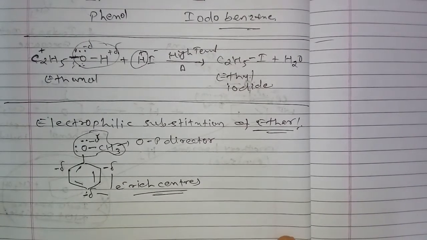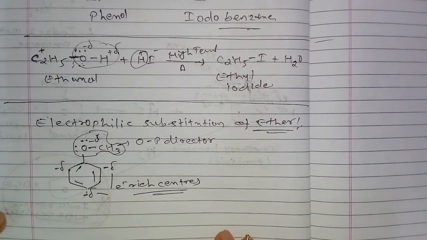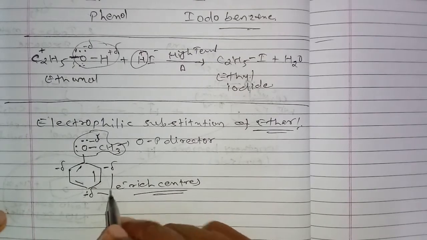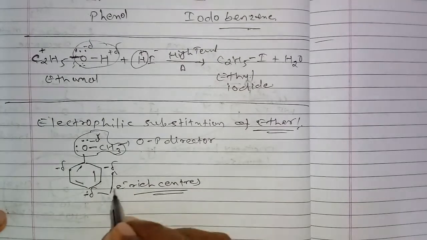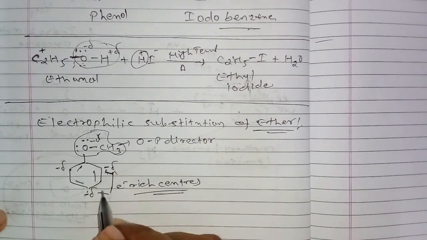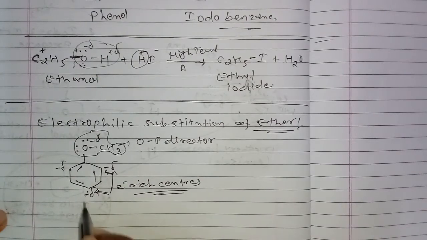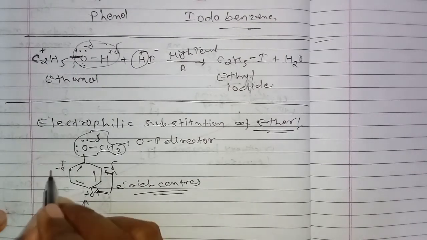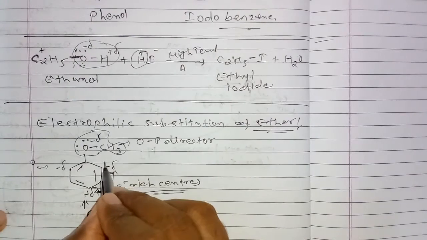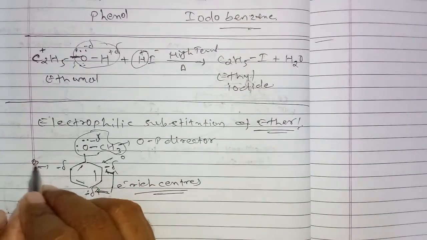These are electron rich centers, and they have more electron density. This is the para position, and this will be the ortho position.